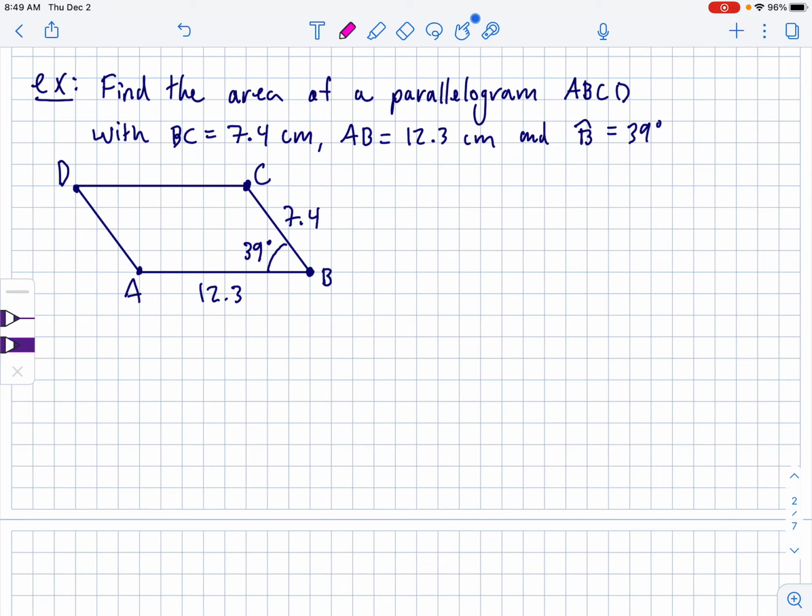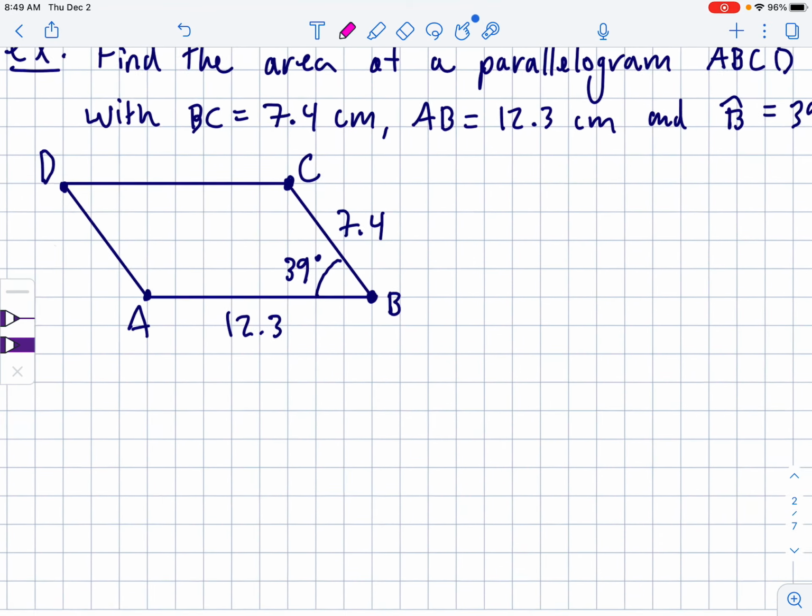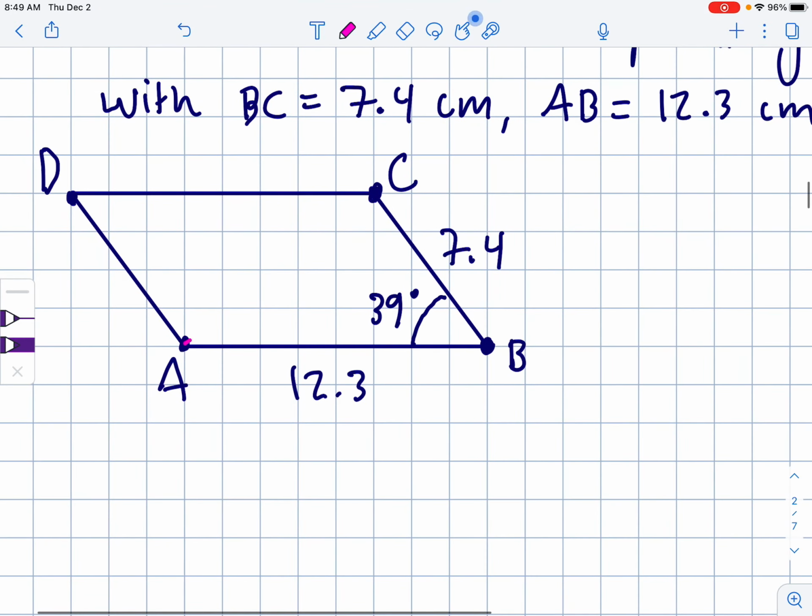Next up, find the area of parallelogram ABCD. They say that BC is 7.4 and AB is 12.3, and we know angle B. Now, you might look at this at first and be like, well, I don't know how to find the area of a parallelogram. I only know how to find the area of a triangle. That's what you just taught me. But if we look at this guy, you can split it into two identical triangles.